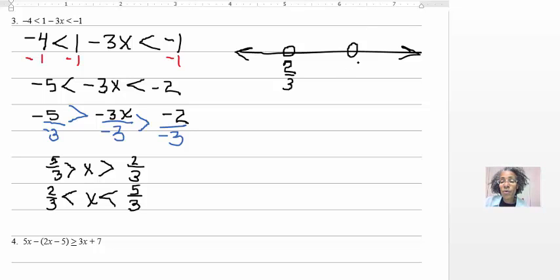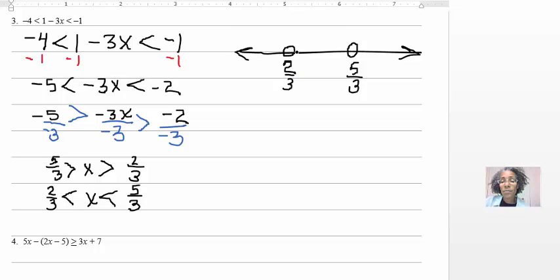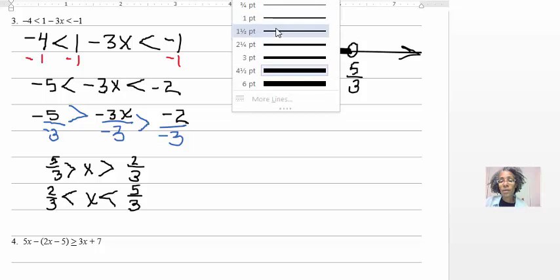So these endpoints are not included. And I simply shade everything in between. Okay, and we have shown this as a graph.